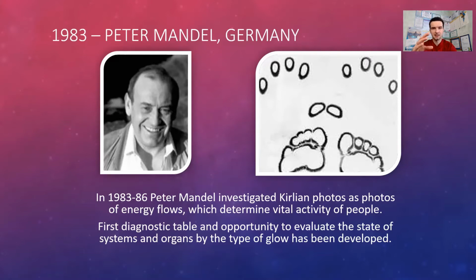He was relating different parts of the images he was obtaining with these acupuncture points, and then making the interpretation of the energy state of the person. And the first diagnostic table has appeared.